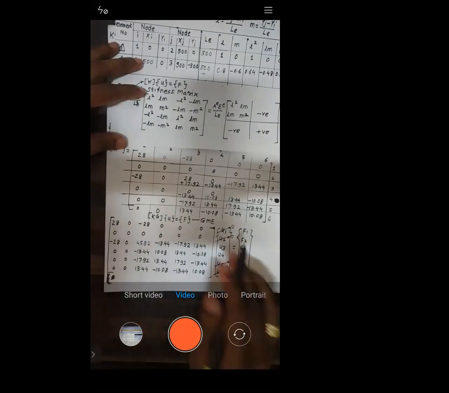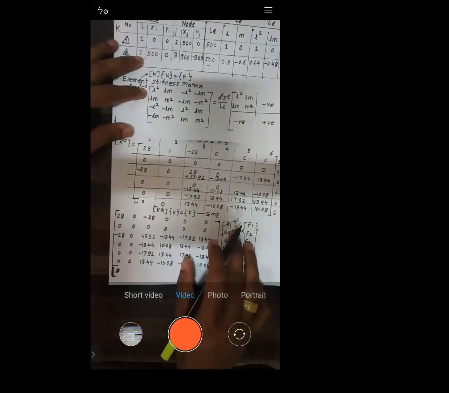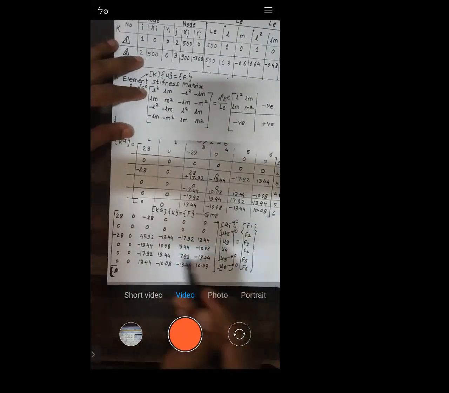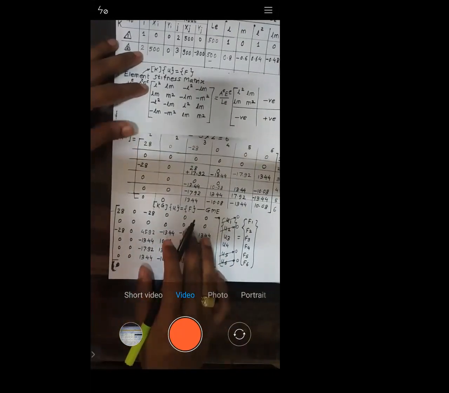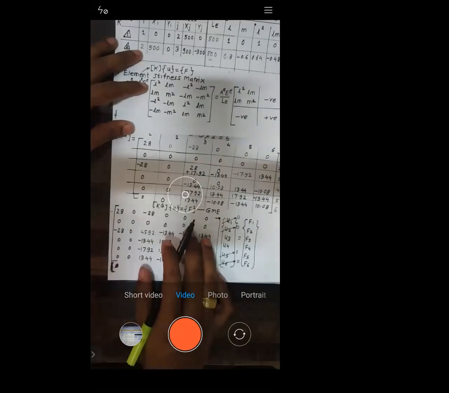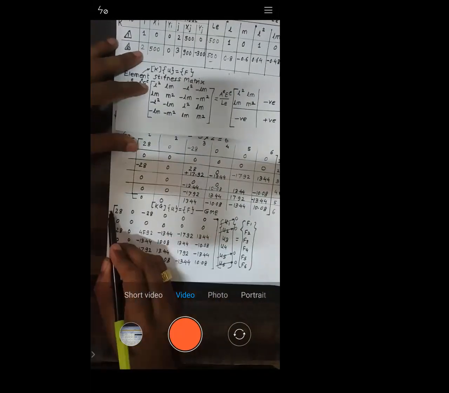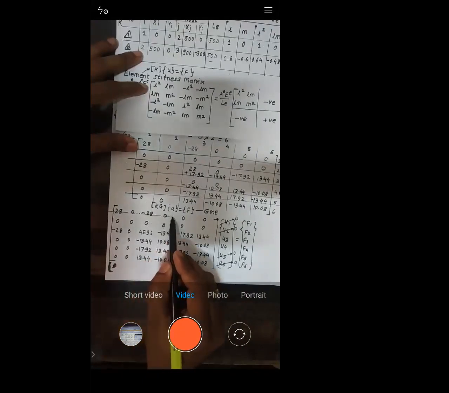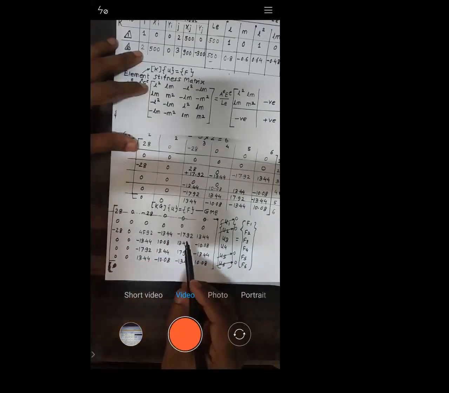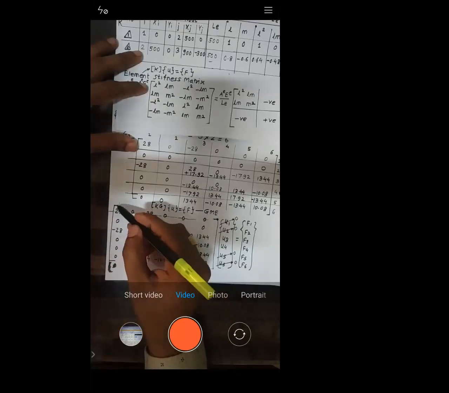Now see, when any displacement gets 0, that particular row and that particular column gets cancelled. I will just roughly cancel it. Node 1, U1 is 0, so the first row gets cancelled. Similarly, the first column gets cancelled.